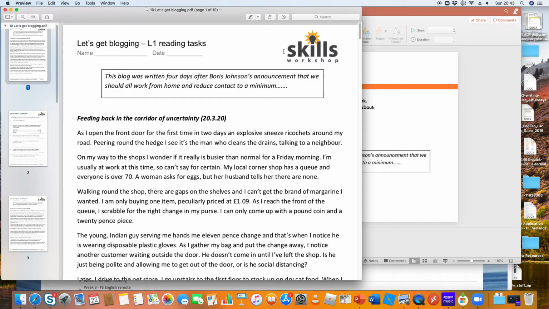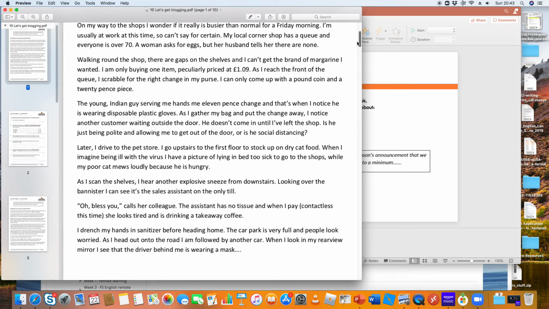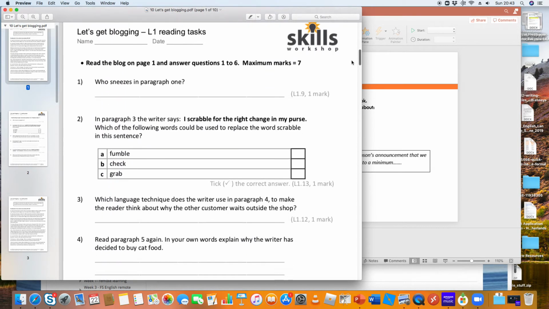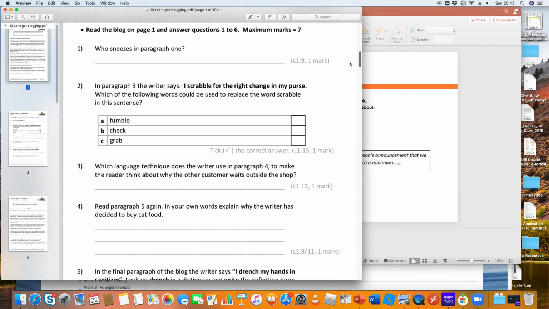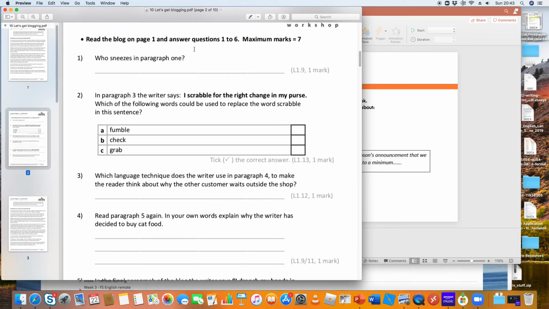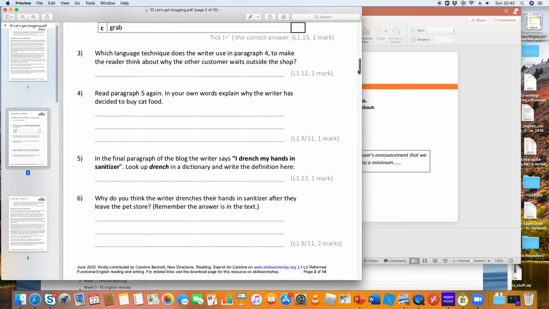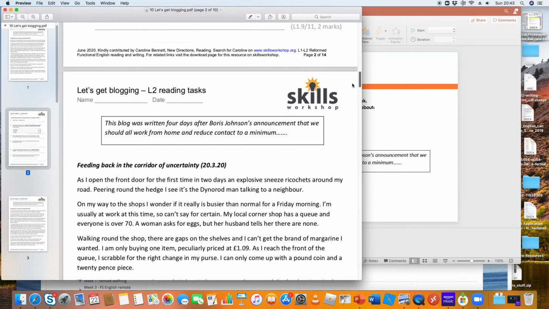If you're level 1, read this text here, from earlier in the year. You've got six questions. Some of these are about picking up specific details, some are about understanding the vocabulary, and some are about analysing what's happened in the text and why.